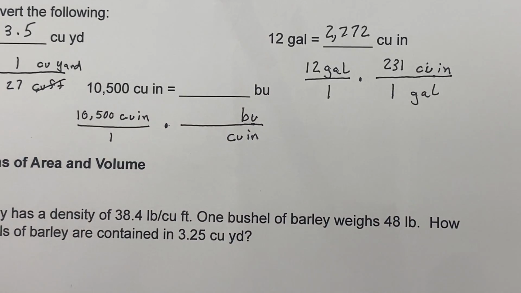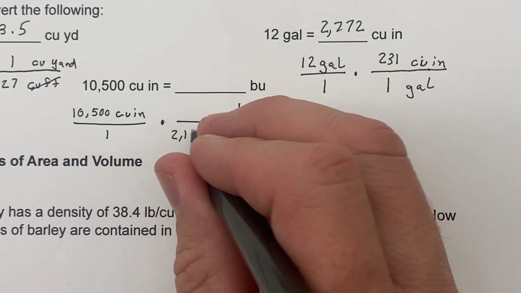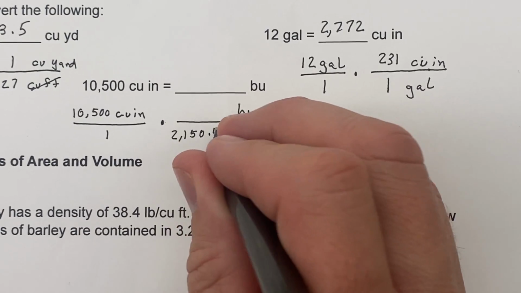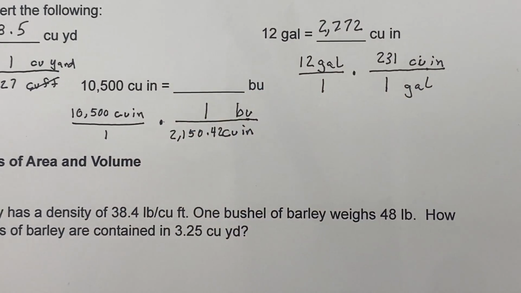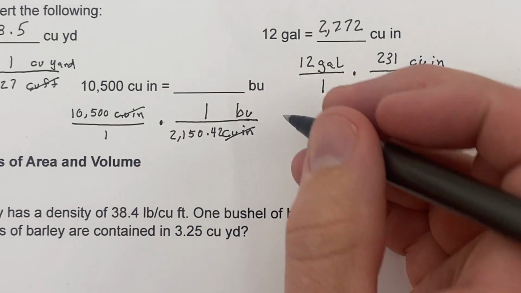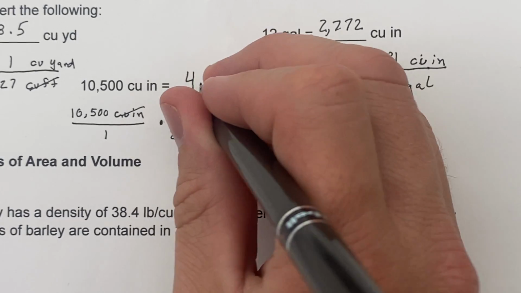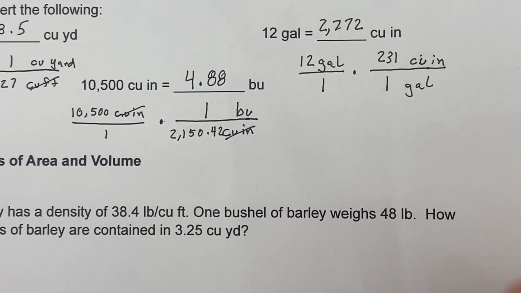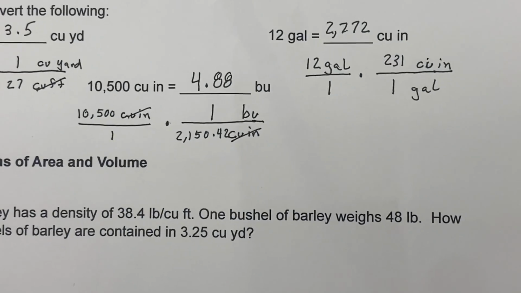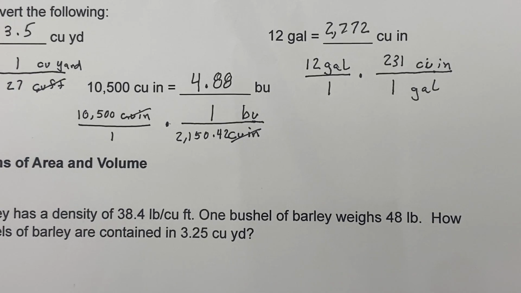I think we have that one, right? Yes, we do. Cubic inches, obviously. 10,000 over that 2,000. Just 5. I'm going to write 4.88. Just under 5 bushels. I put 4.9, is that alright? Yep.